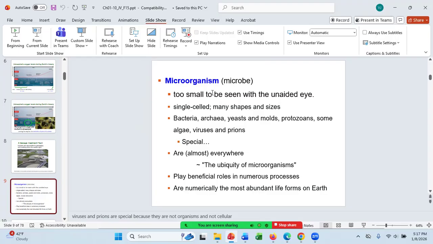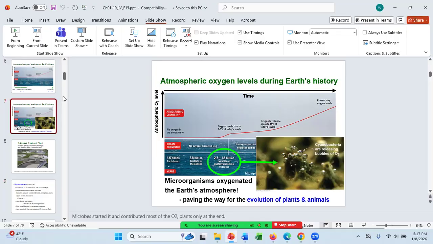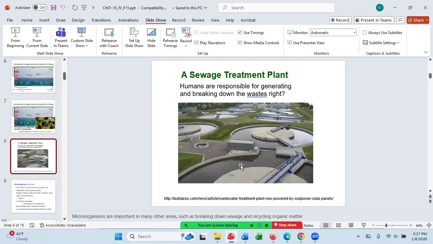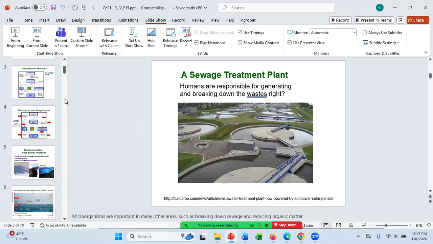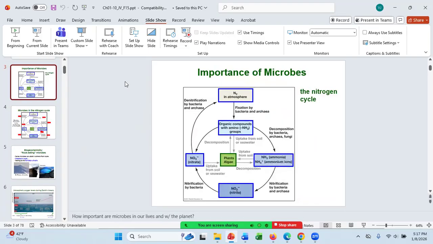So a microbe is a microorganism. You should know that microorganisms are almost everywhere, and we call that the ubiquity of microorganisms. Wherever you go on the Earth's surface, you're likely to find microorganisms. They play beneficial roles in numerous processes, such as the making of oxygen, the breaking down of waste, and obviously the nitrogen cycle.